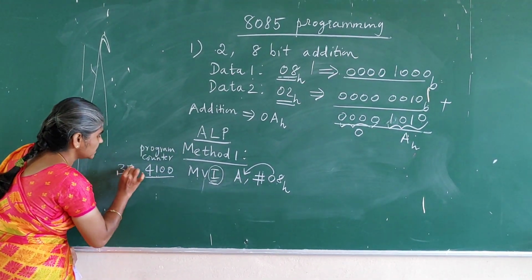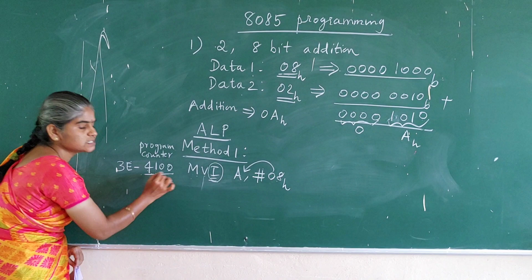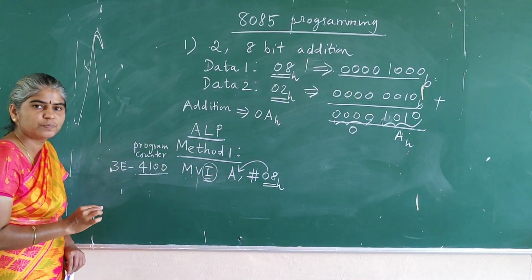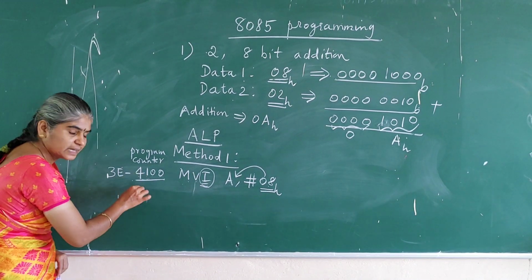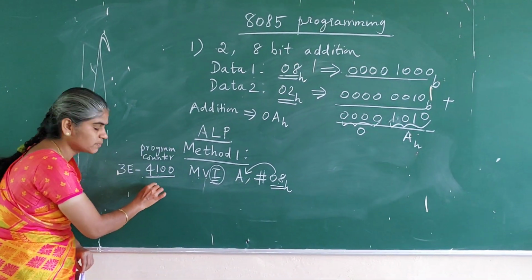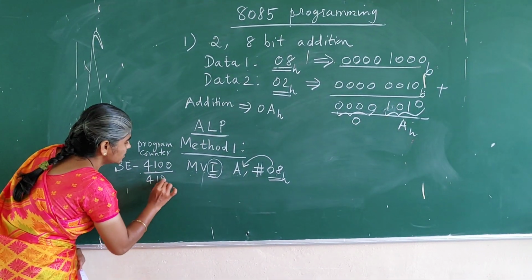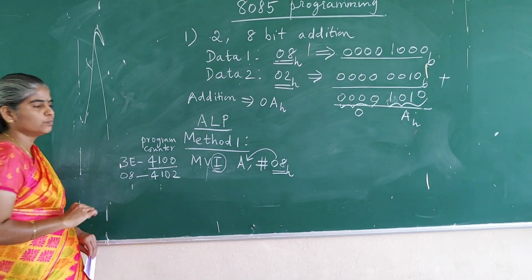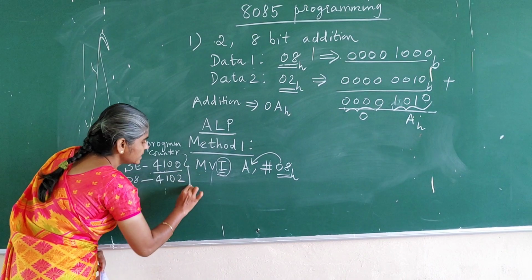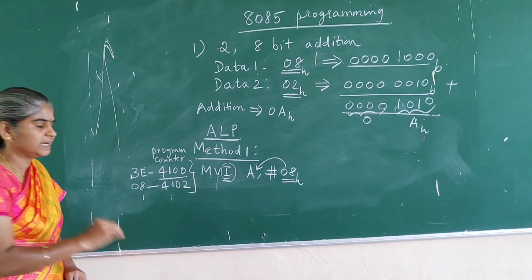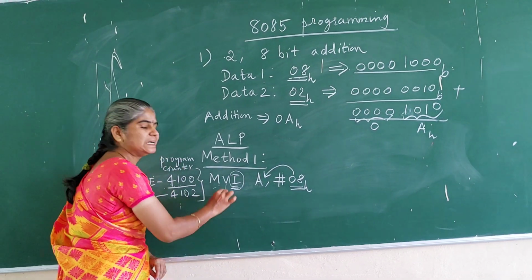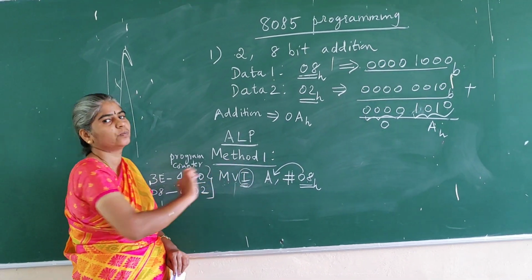So this 3E is stored in 4100. After this, the immediate data 08 is moved to the next consecutive address, 4101, and the 08 value is stored in this address. These 2 bytes are properly allotted, and only then can this MVI A,08 instruction be decoded and executed properly.